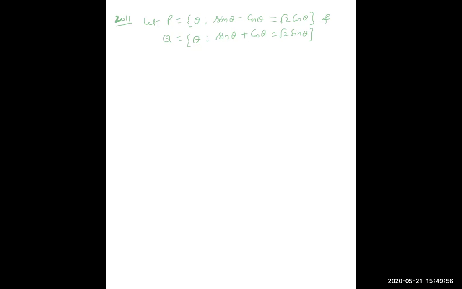Then options are, first option, P is a proper subset of Q, and P is not equal to Q. They are not equal. This is that way proper subset. This is the first option.